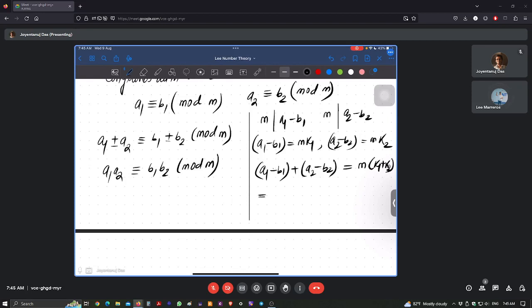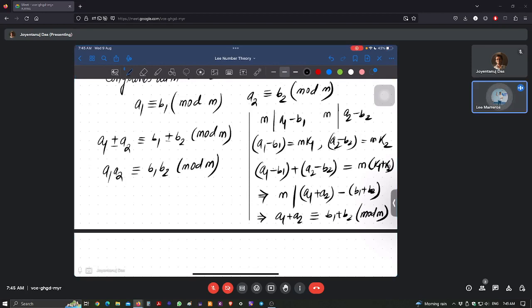So this implies that M divides A1 plus A2 minus (B1 plus B2). So A1 plus A2 is congruent to B1 plus B2 mod M.